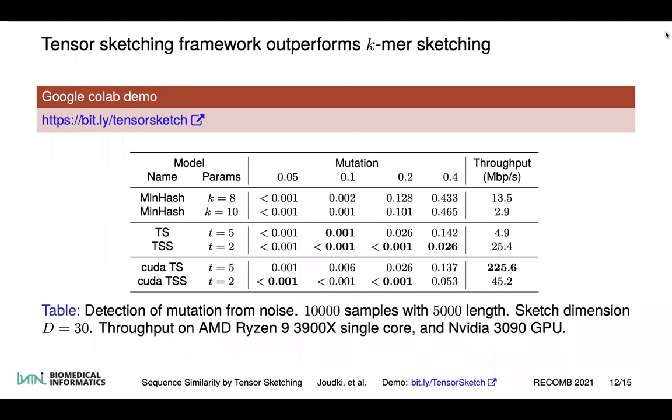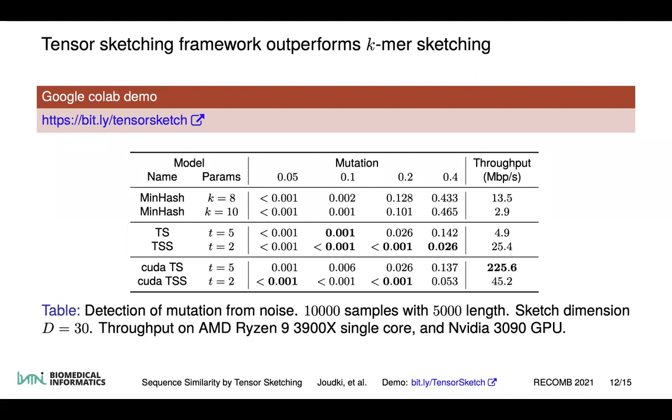So Tensor Sketch is 200 megabase per second. Just to put it into context, we can sketch the human genome with this rate in about 15 seconds. So it's a blazingly fast algorithm. And the performance, you can see that it's much better in higher mutation rate, and it's also comparable in lower mutation.